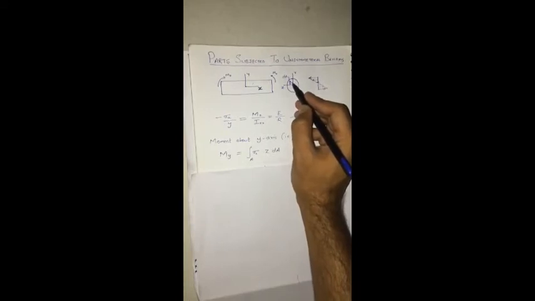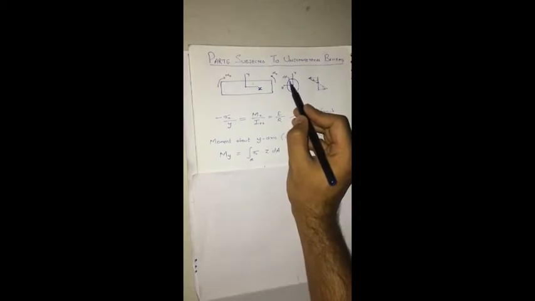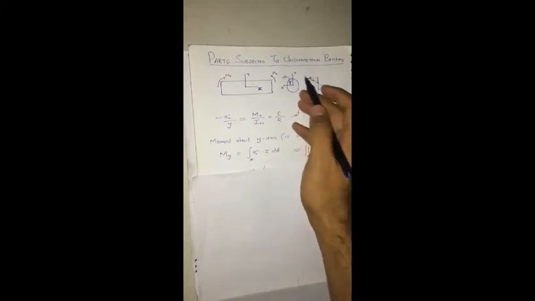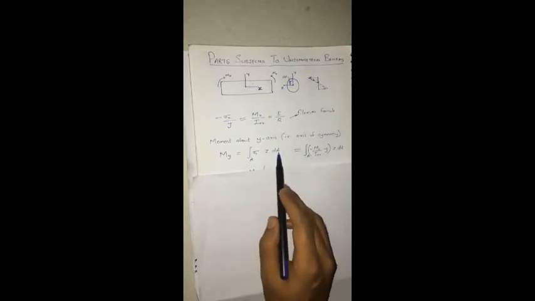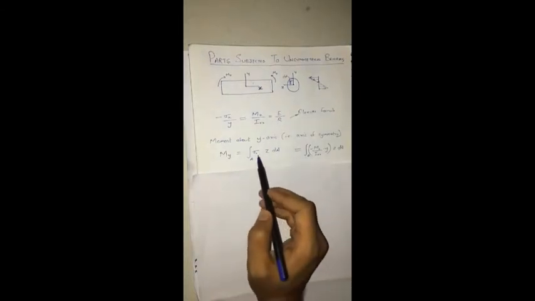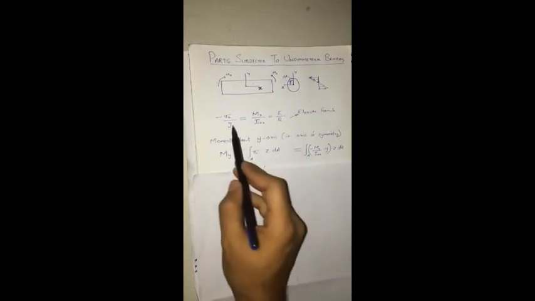So sigma x, that is the stress, when multiplied by area will give the force, and that force multiplied by distance, that is this distance is z. Okay, force multiplied by this distance will give you the moment. So let's put the value of sigma x from here.